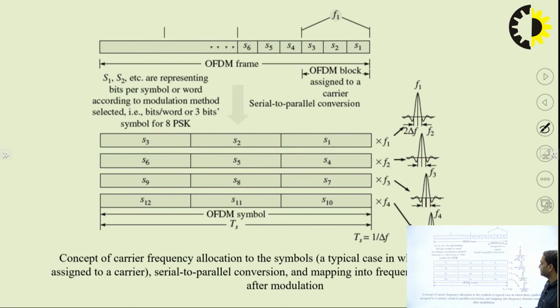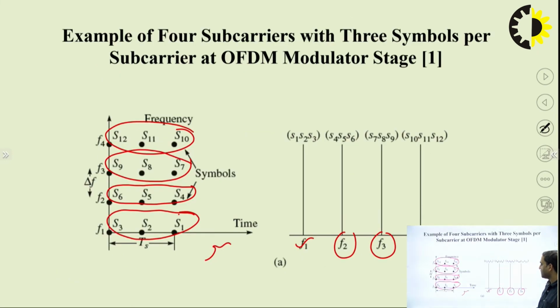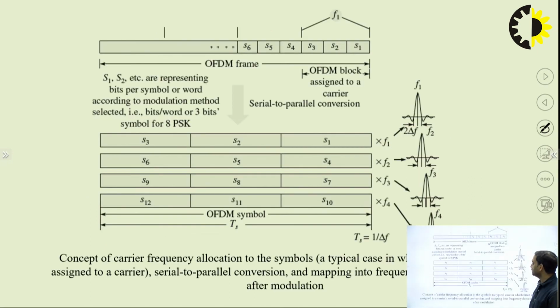So it shows what the OFDM frame is. We can see here these frequencies, because we are talking about OFDM. In this, the one frequency band is completely divided into different frequency bands, F1, F2, F3, F4 and so on. What is the representation?